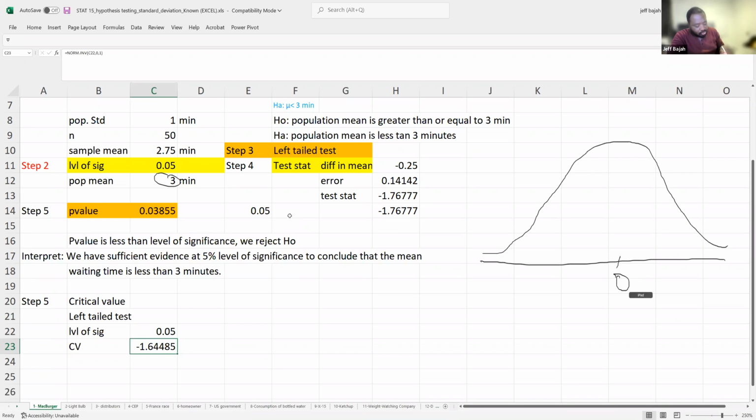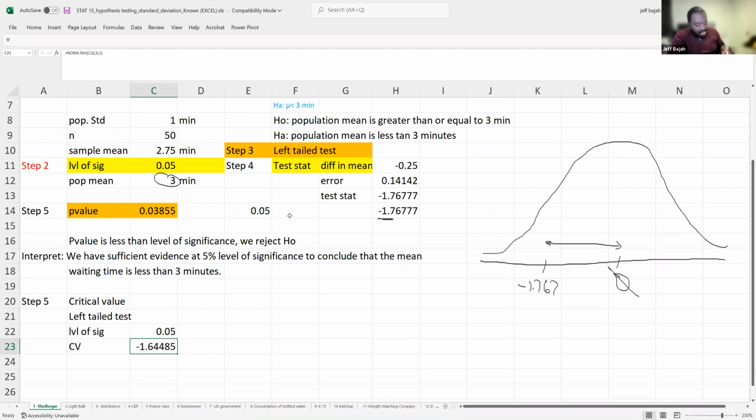So your answer you got for the 2.75 is minus 1.767, right? So it's somewhere here, that's 1.767. So what you're asking is, is this far enough to reject what is being said, or is that not far enough? That's the whole essence of this.